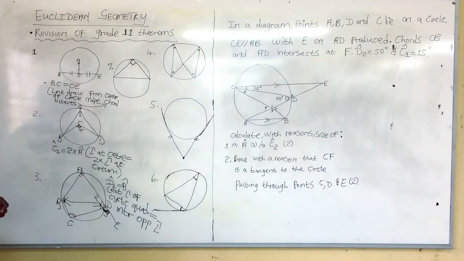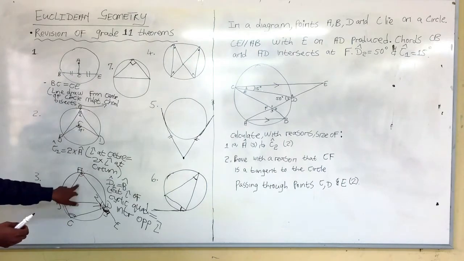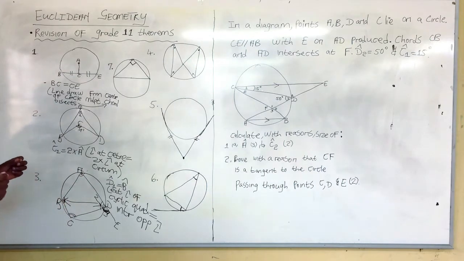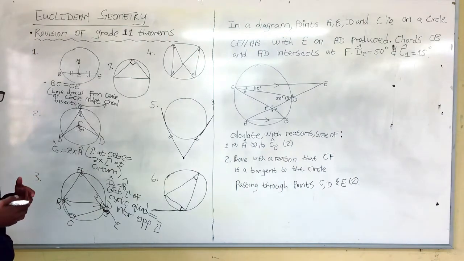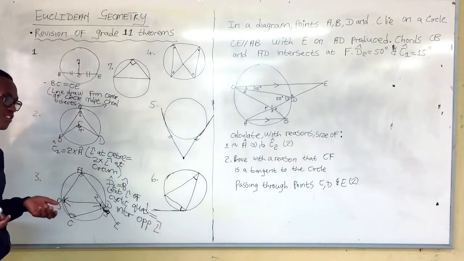And then another rule says that the opposite angles of a cyclic quad are supplementary. So it means the interior angles that are opposite to each other inside a cyclic quadrilateral must add up to 180 degrees. The word supplementary means they must be 180 degrees.